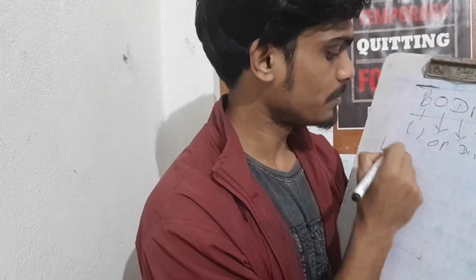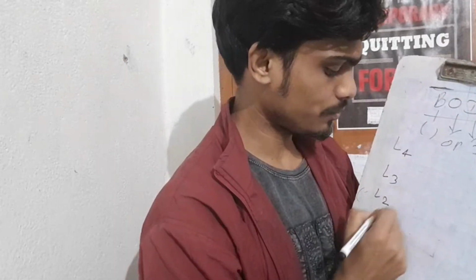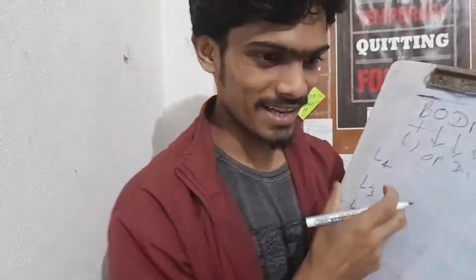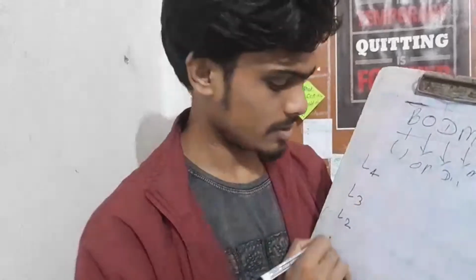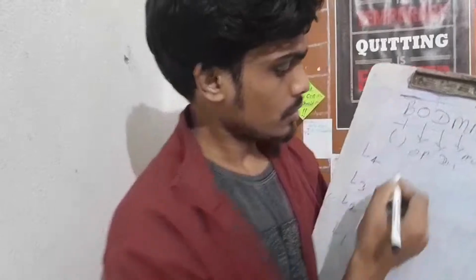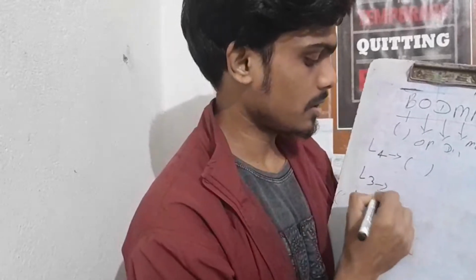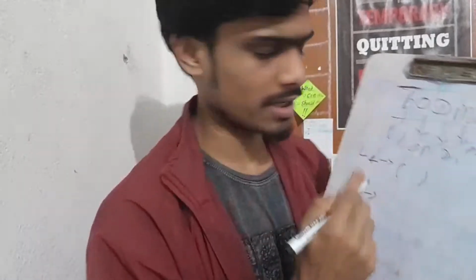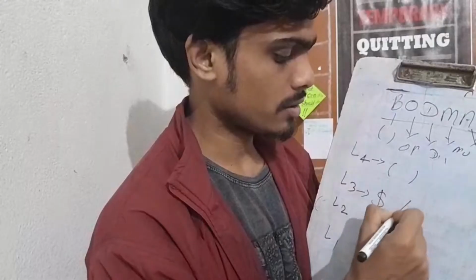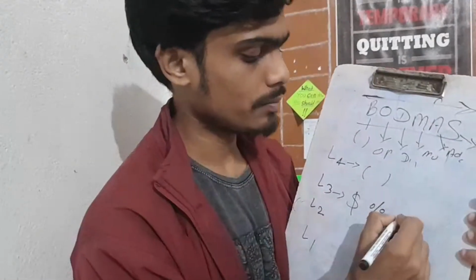So firstly, the highest priority is L4, then L3, L2. I don't know what the meaning of L is, but sir told us it is level. The first, highest priority has brackets. Thirdly, we have some special characters like dollar sign, modular sign, and also the power sign.